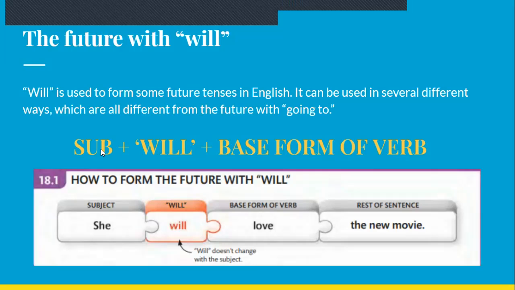How to form the future with will. The future with will is very simple. You have a subject, you have will, you have the base form, and you have the rest of the sentence.